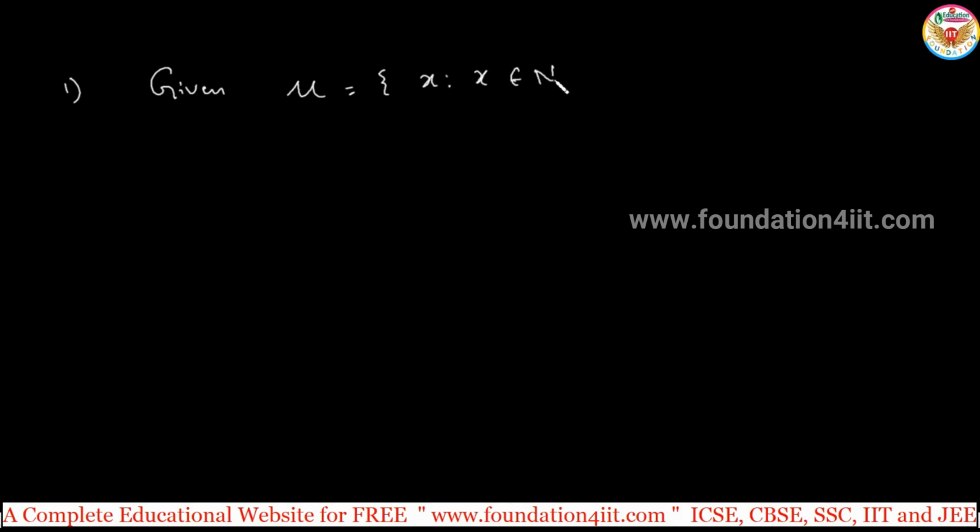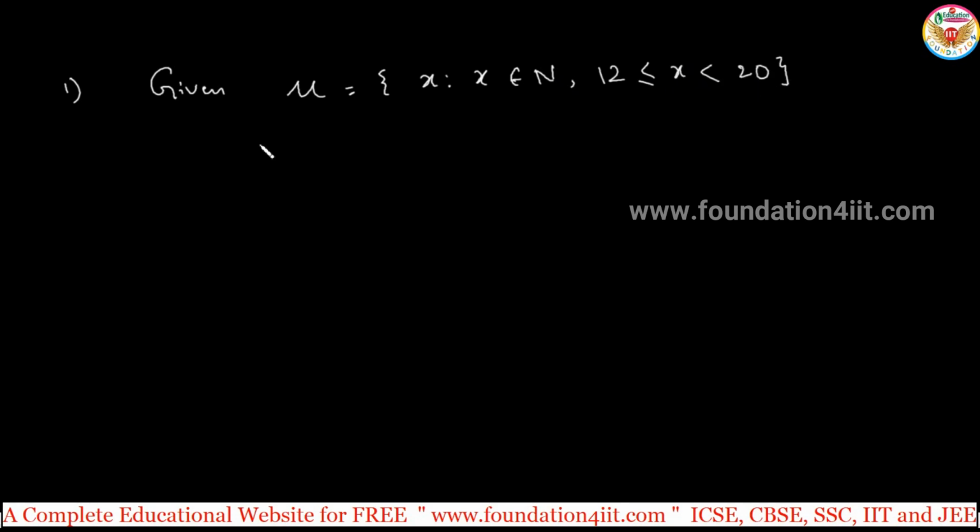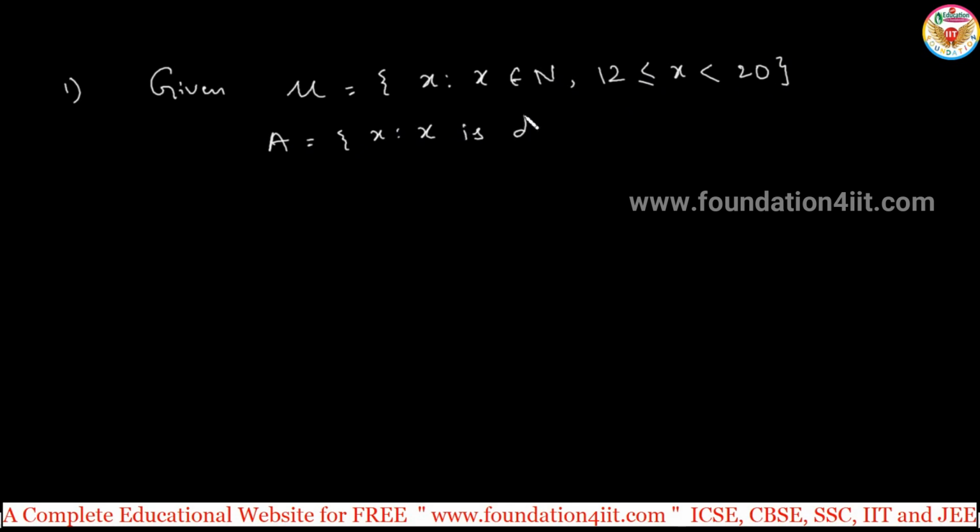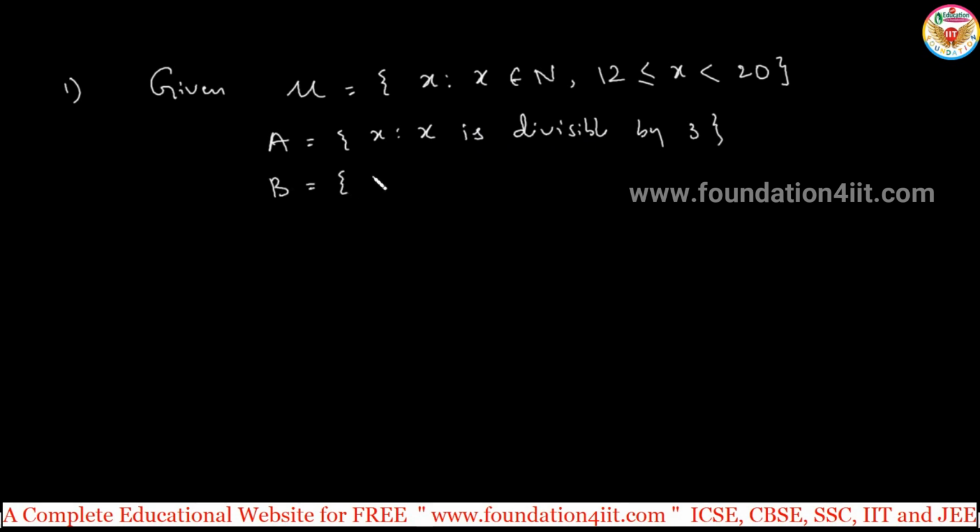Okay, so given, the universal set is X such that X belongs to natural numbers, 12 is less than or equal to X, less than 20, and set A is X such that X is divisible by 3, and set B is equal to 12, 14, 15 and 16.